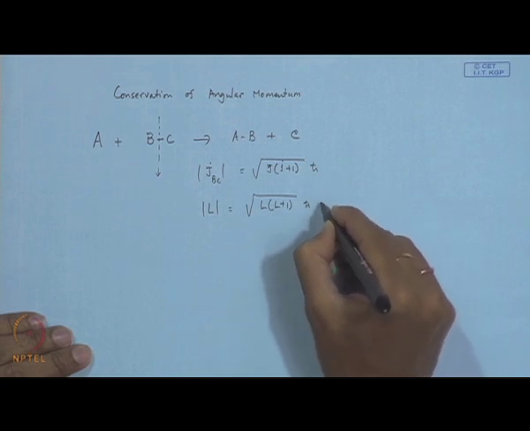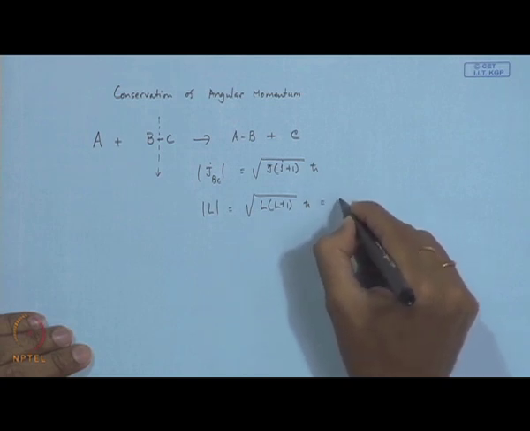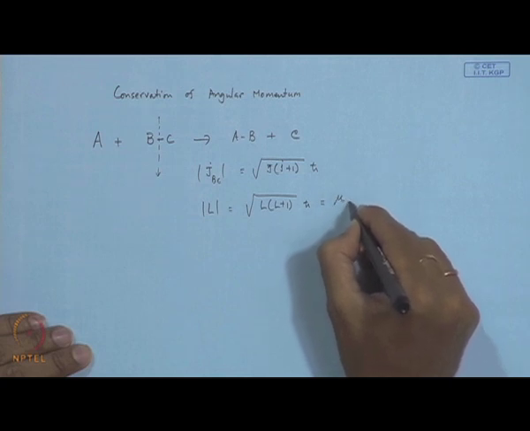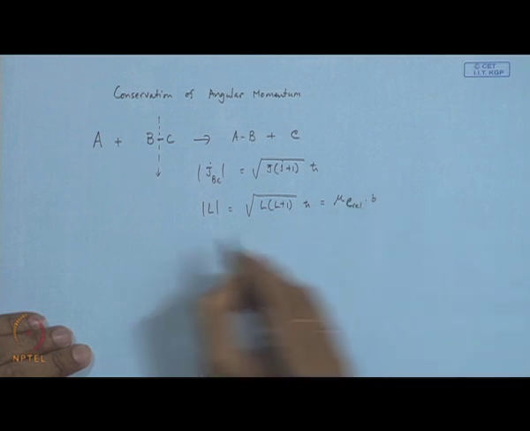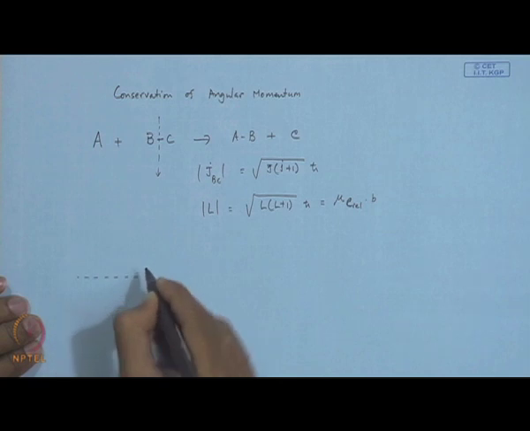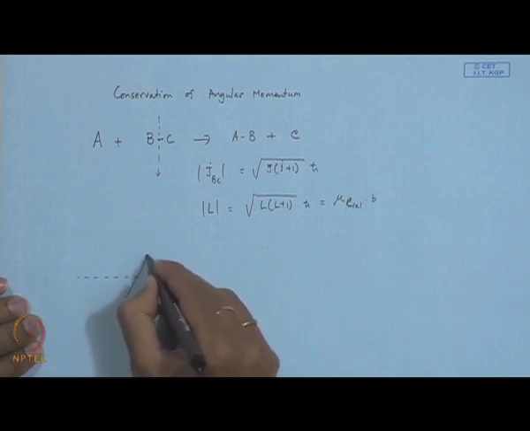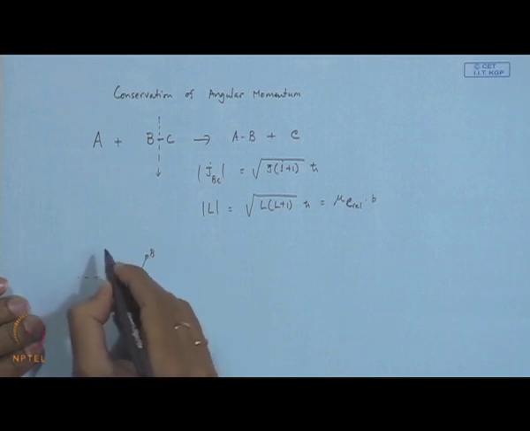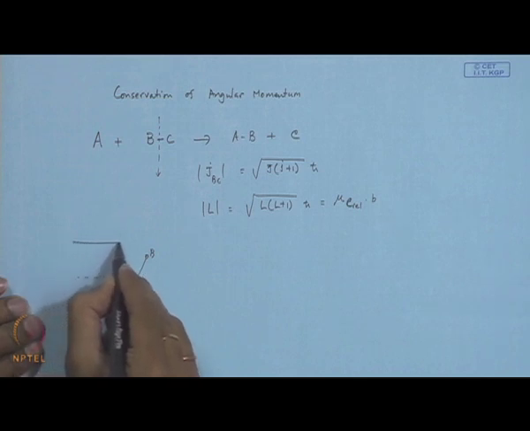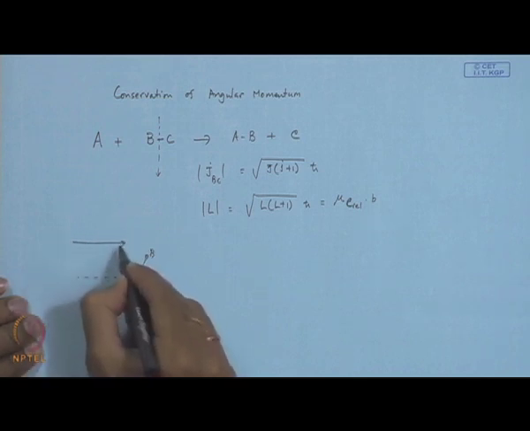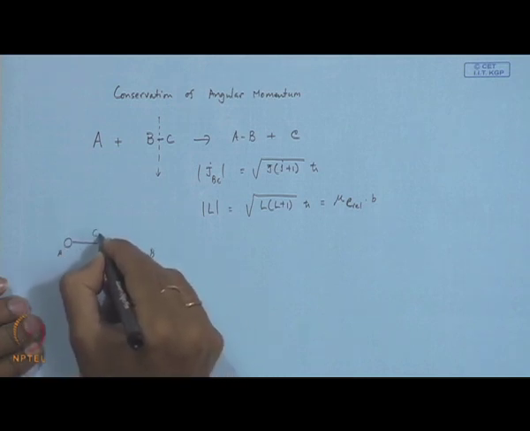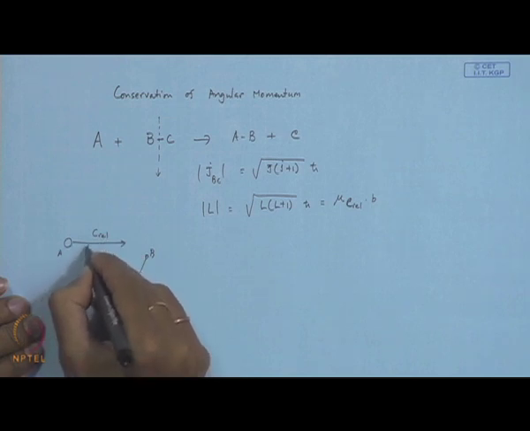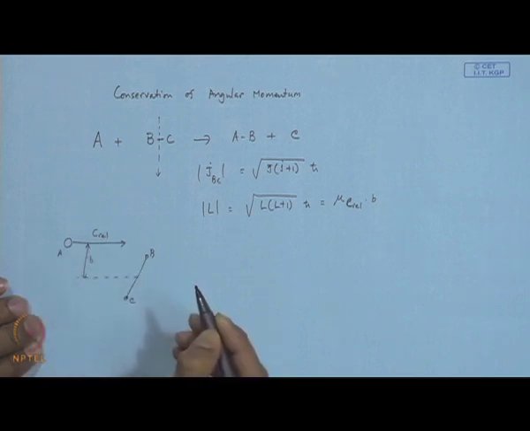Okay. And which is basically your mu into C relative into B. Okay, B is the separation between, say you have got your say B, this is C, and say this is your A, which is coming in this way, A with C relative and separation B. Okay.